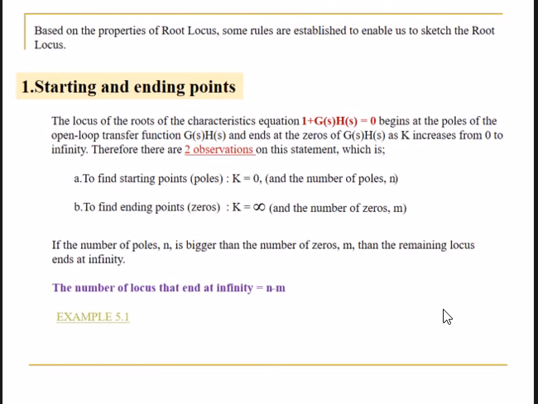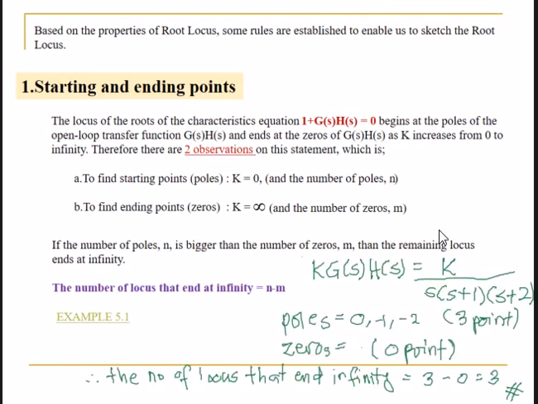So we look at the example. Diberi KGsHs equal to K divided by s times s plus 1 times s plus 2. Here we need to determine what is our starting point and ending point. Kalau kita nak tengok starting point, we look at poles number.